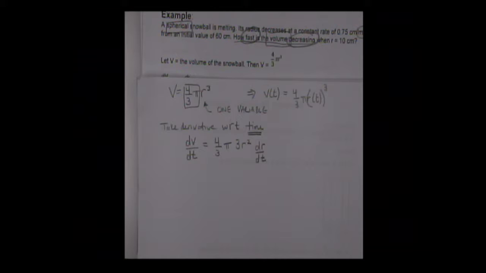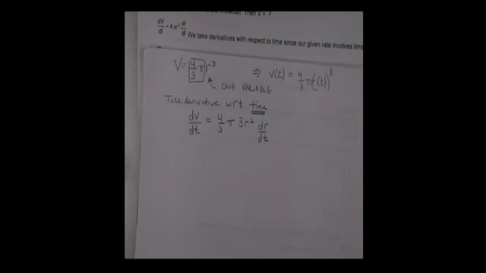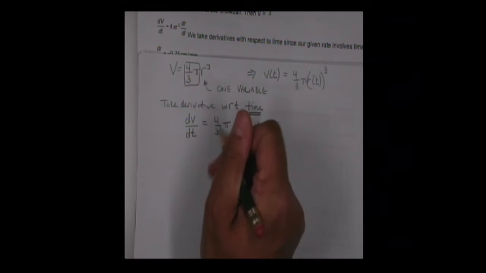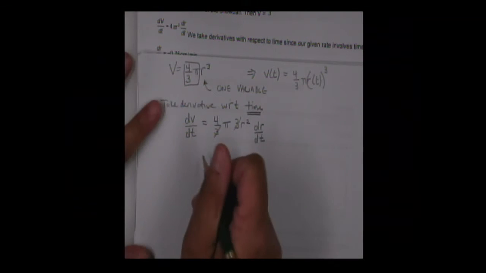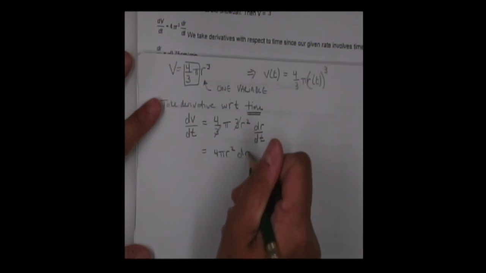Instead of writing r prime, we have to tack on this dr dt. And if I slide up my thing, you'll notice that I did that and I actually simplified it. Notice this 3 and that 3 cancel, and so it gives me 4 pi r squared dr dt.